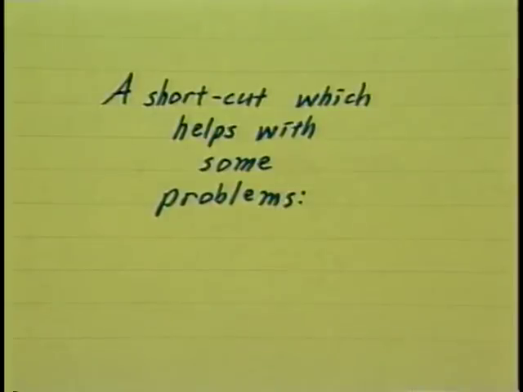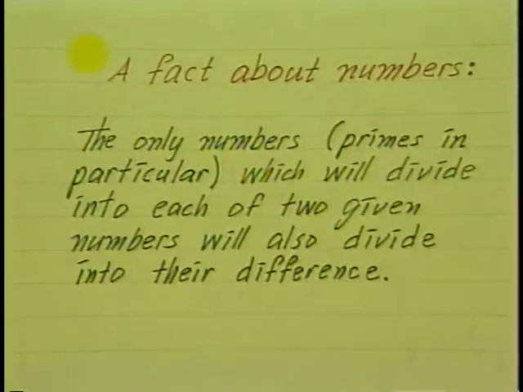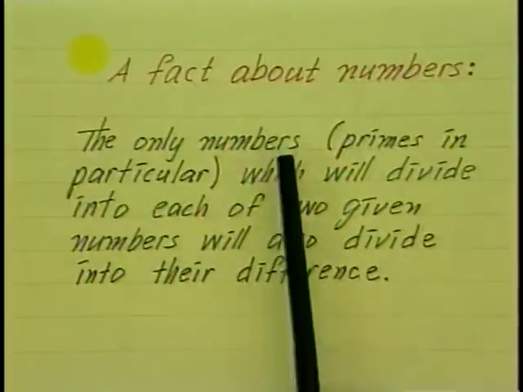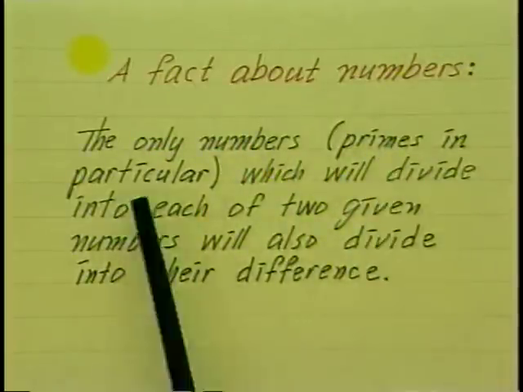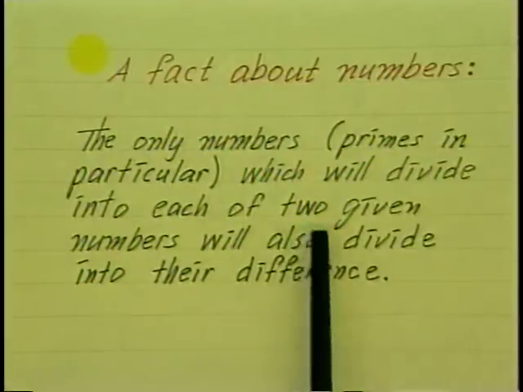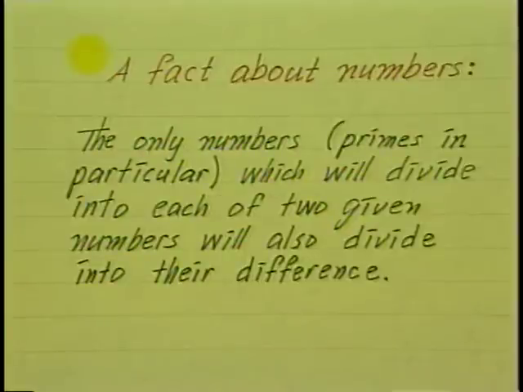Now, let me show you a shortcut that helps with some problems. A shortcut I think many of you might find very helpful. It stems from this particular fact about numbers. The only numbers, primes in particular, which will divide into each of 2 given numbers will also divide into their difference.